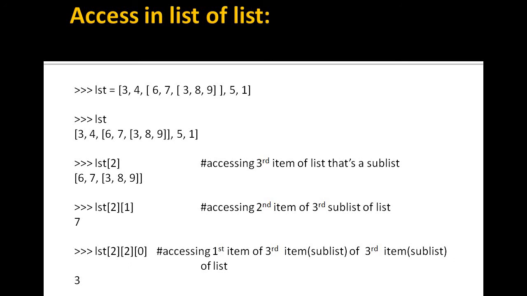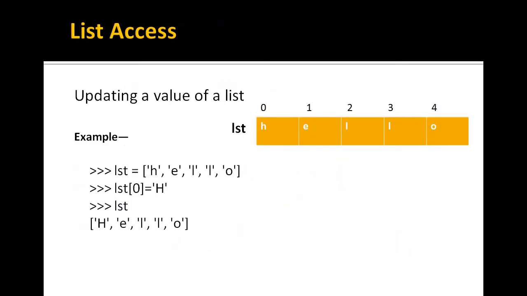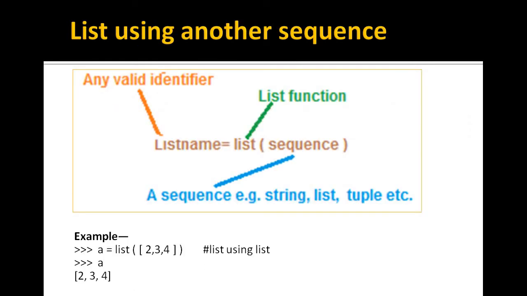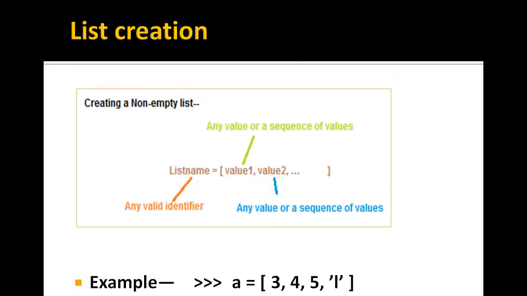So this way we learn what a list is, a sequence of values. It can be created using square brackets and passing values inside the square brackets separated by commas, like this example.